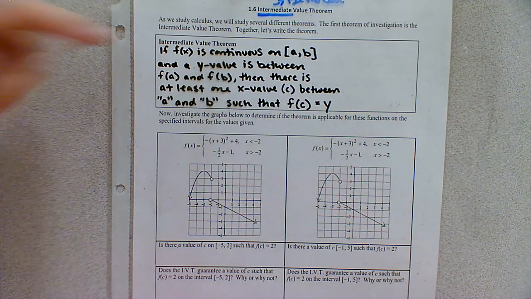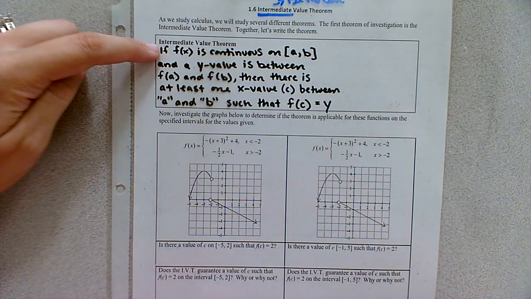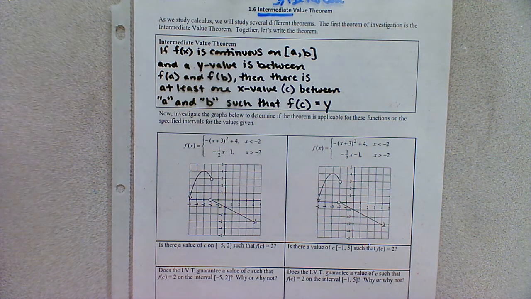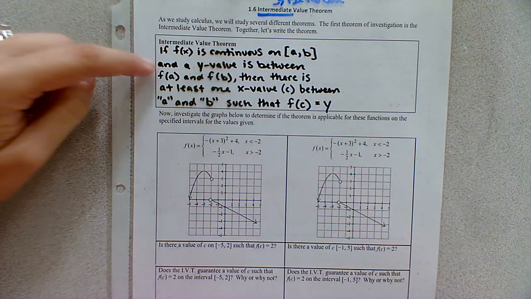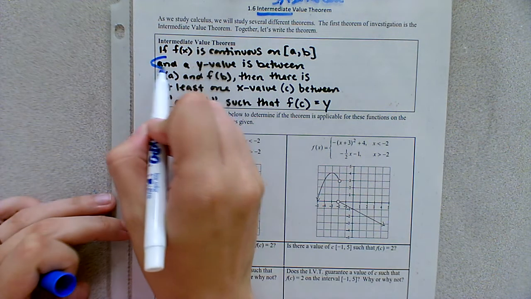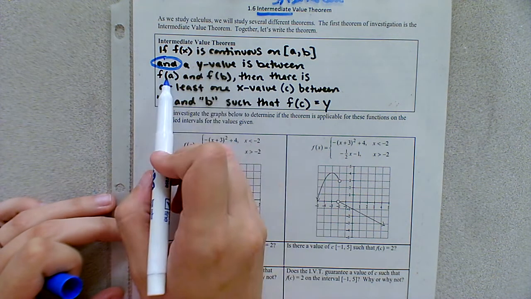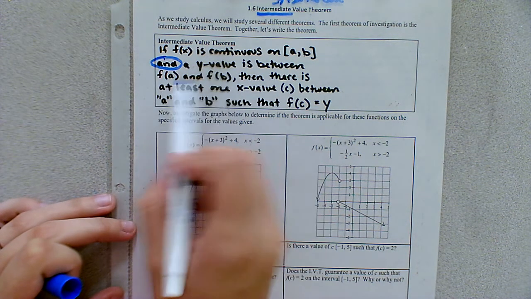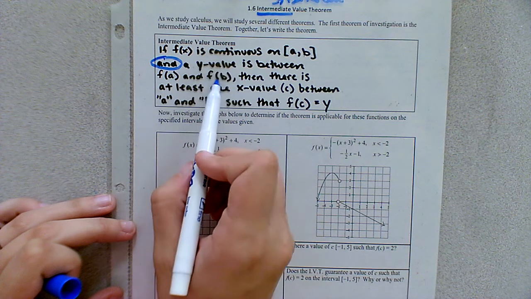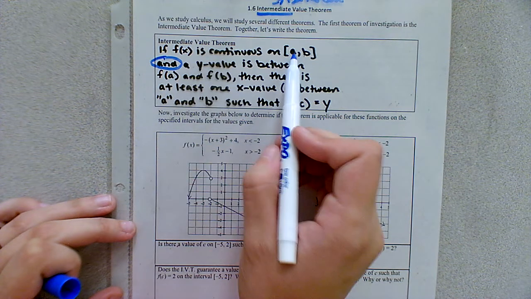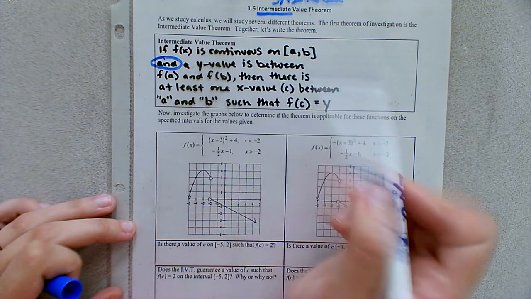So the intermediate value theorem tells us that if we have a continuous function, meaning no holes, no jumps, no asymptotes, that three-part holy trinity of continuity exists, and we have another stipulation, a y value is between f of a and f of b. This function notation is just representing the outputs from the x value interval.